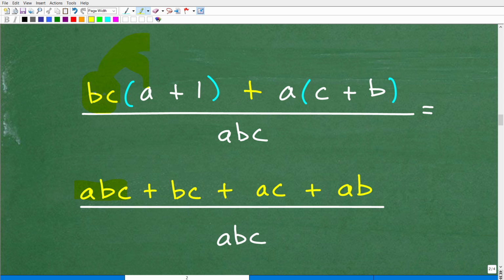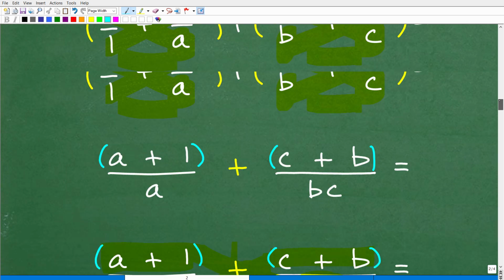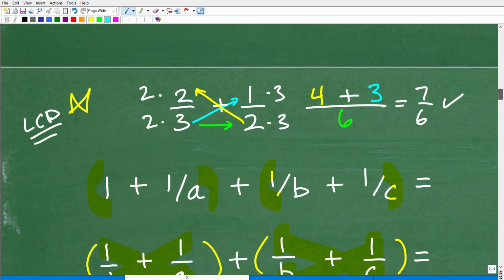Then we have bc times 1, which of course is bc, plus a times c is ac, and then a times b is ab, all over abc. And if you notice here, this is the exact same answer as what we got way back over here.